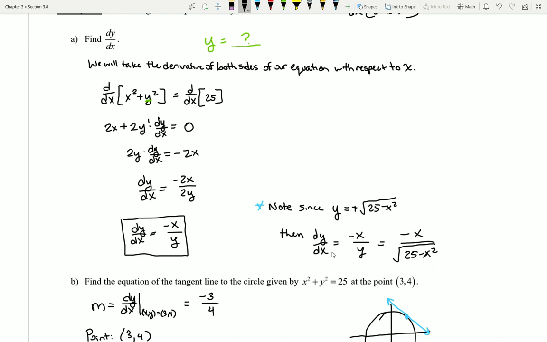I'm just showing that my derivative could be written as negative x over y, but if I'm working on this top half of the circle, then y is the same as this, and so it could be replaced with this right here.